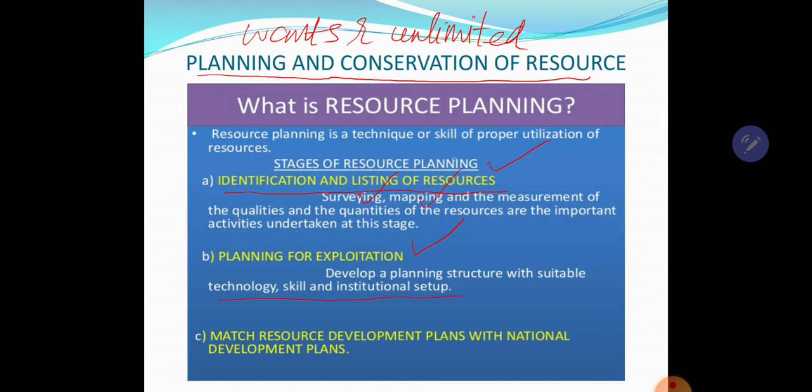So, first of all, identification, then planning, and then all these things must match the plan of your nation, the national plan of development. So, there are three important stages. If you go through the planning and conservation paragraph in your textbook, you will come to know that all this can be divided into these three parts.